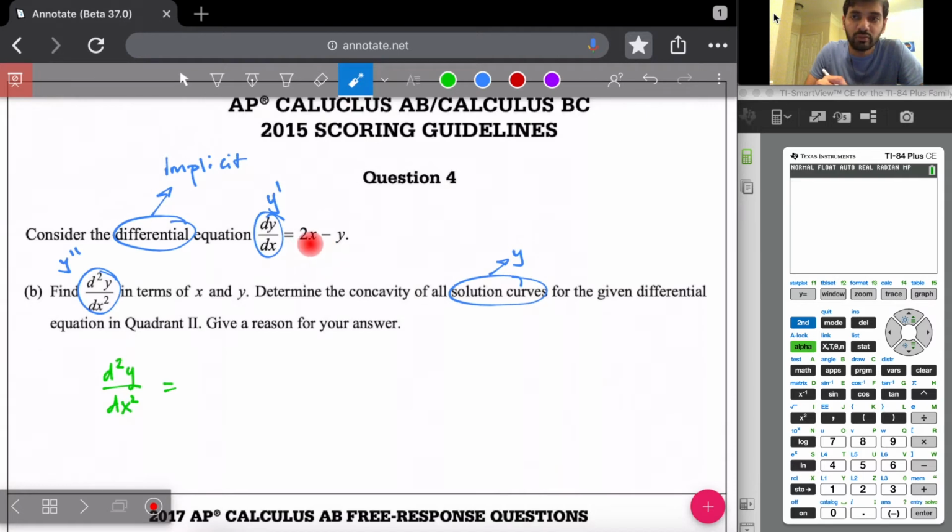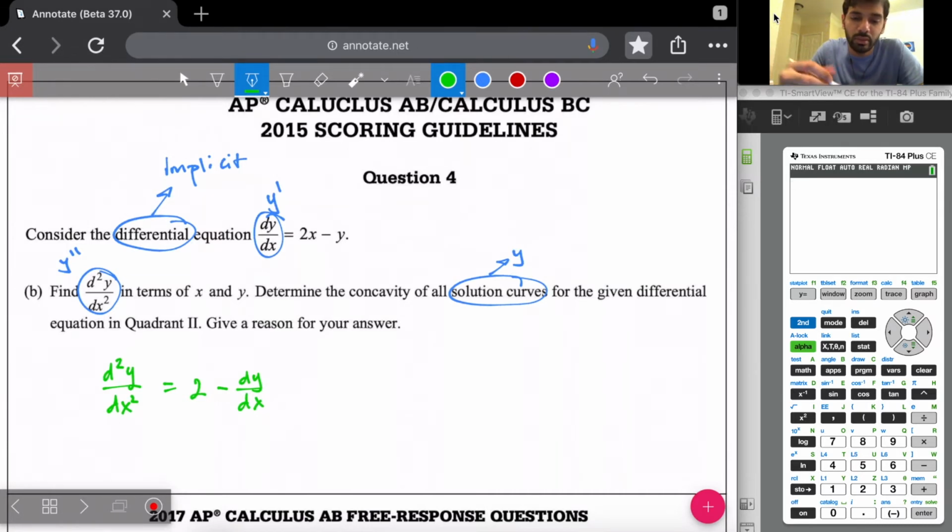So the derivative of 2x is just a 2, and the derivative of negative y is negative dy over dx. We're using implicit differentiation here. So I got 2 minus dy dx.